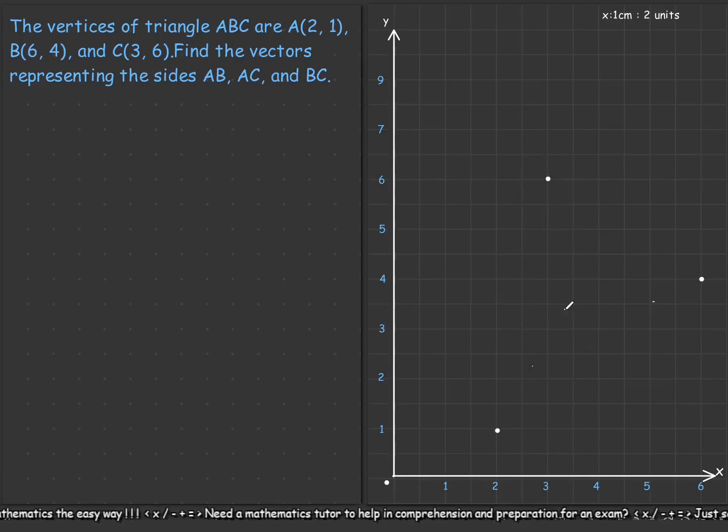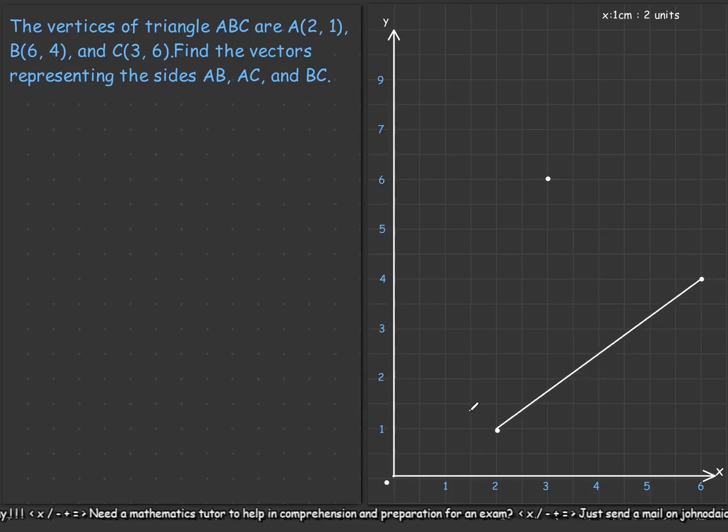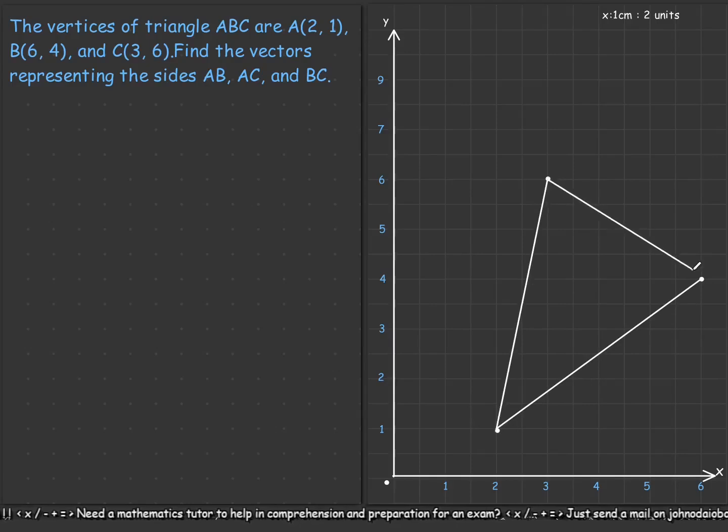Okay. So since it is a triangle, we need to complete the sides. Hence, we need to join the points together. So I'll join this point to this here, this to here, and then this also to here. Now you don't forget to write out the coordinates.